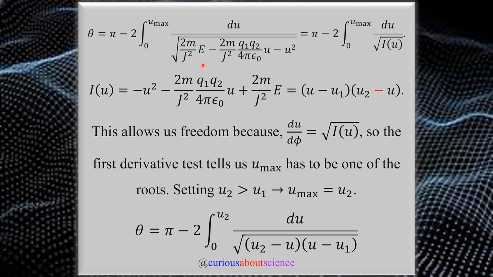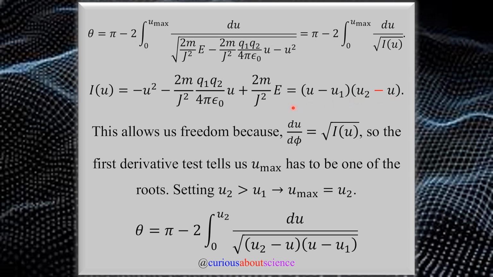But how we break this down is what we're going to need a little algebraic manipulation with. And since we observe that this thing here in the radical is a quadratic, with a constant term, linear term, and quadratic term, this tells us that this could theoretically be factored, and we have u minus u1 and then u2 minus u, where u1 and u2 are the roots.